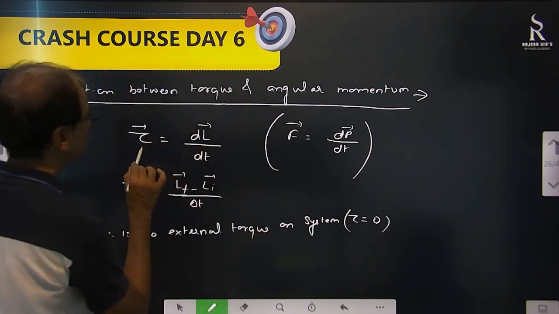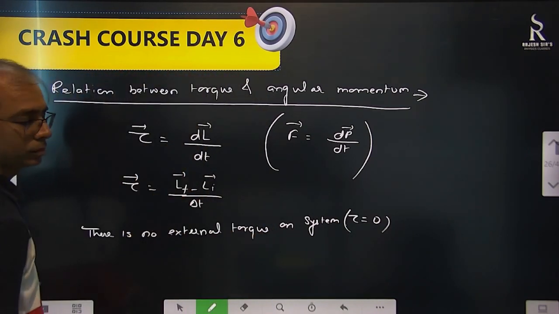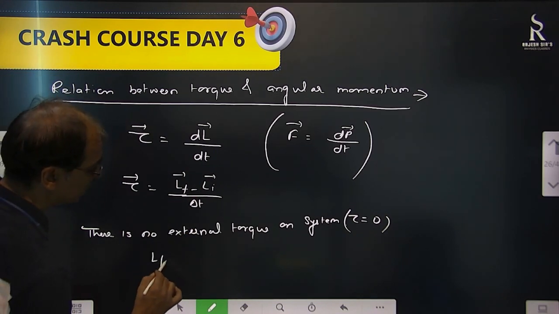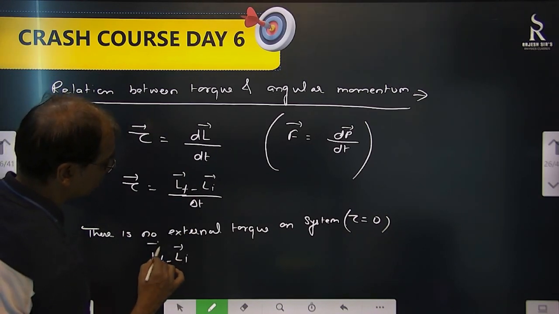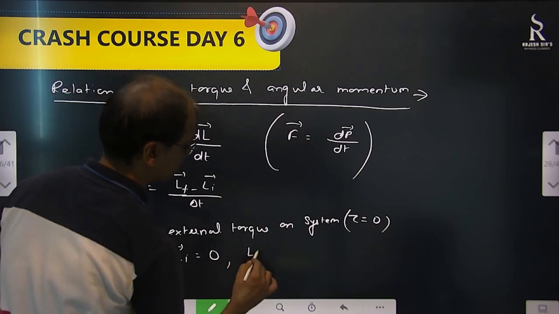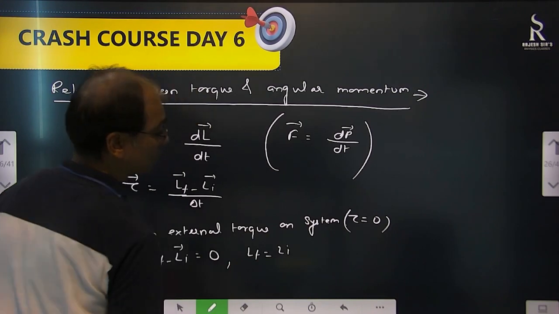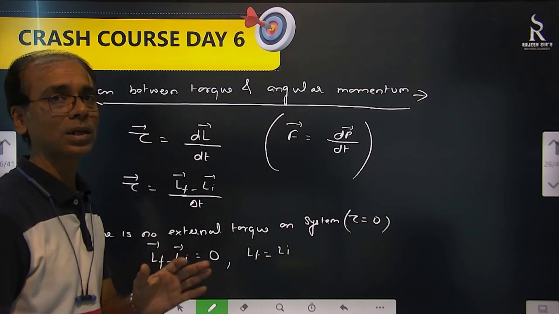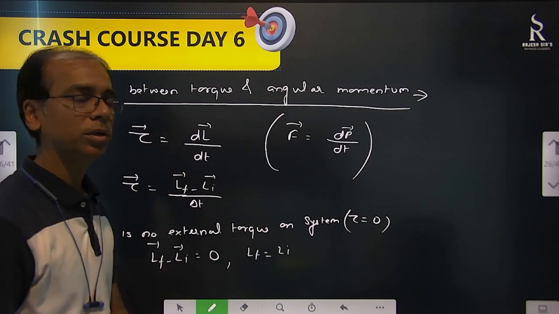So if torque is 0, it means dL is 0. Lf minus Li is 0. What is the meaning of that? That means Lf equal to Li. That means angular momentum is conserved. If external torque is not acting on the system, angular momentum is conserved.